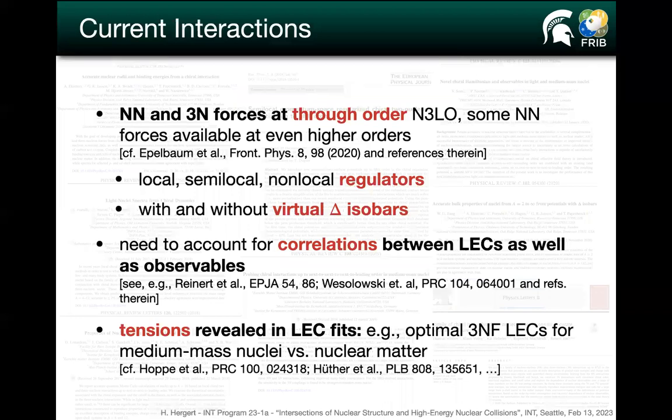And I mentioned before that there are some tensions that are revealed in LEC fits between forces that are fit to light systems only and forces that are maybe taking infinite matter or some medium mass nuclei data into account. I expect you will hear a little bit more about that in the talk by Maria Piarulli tomorrow. So I want to leave it at that for now.